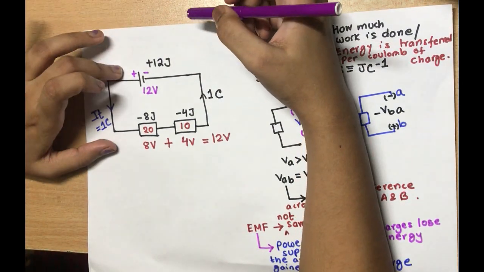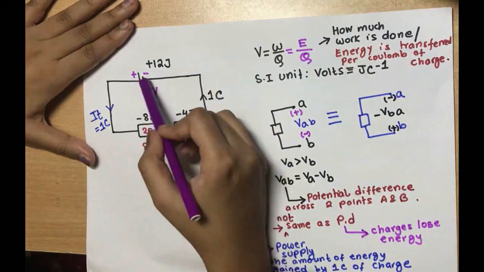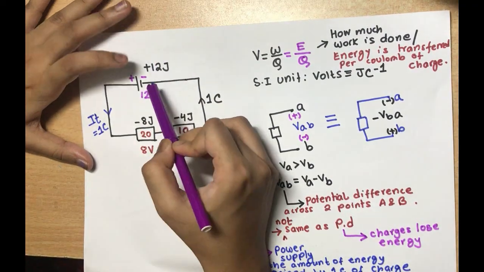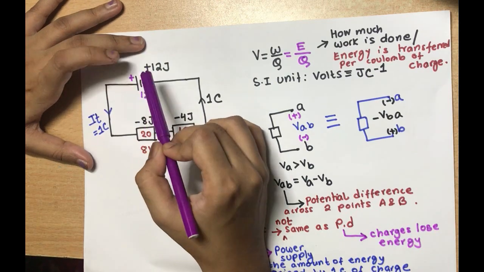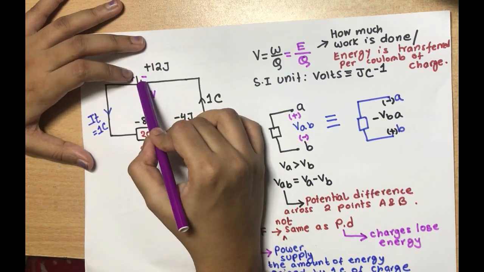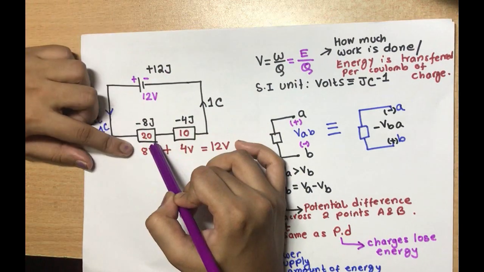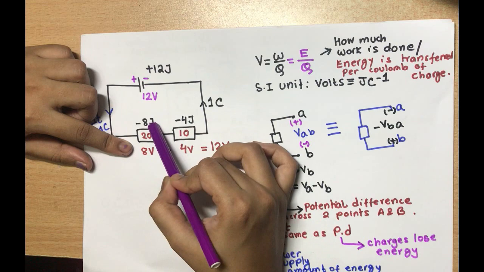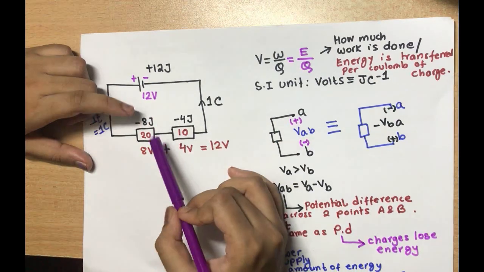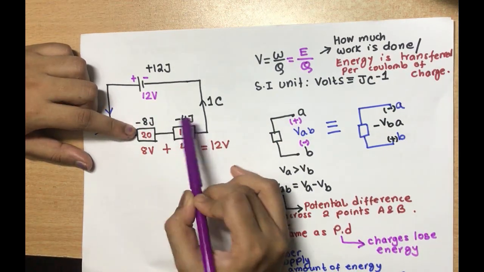So in this circuit, we can say that the voltage rise, meaning the energy supplied by the power source or battery, will be equal to the energy lost or the voltage drops. For example, the energy losses here are 8 and 4.